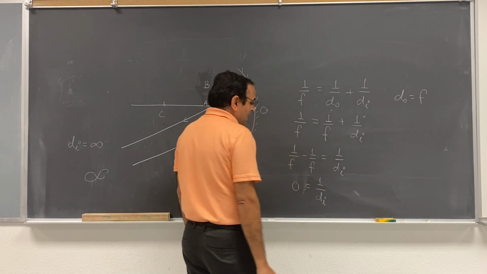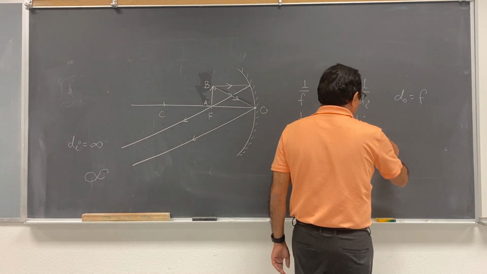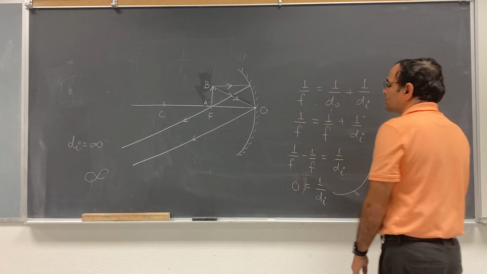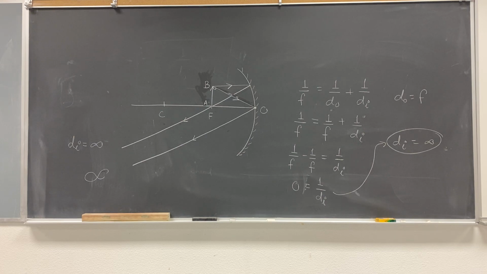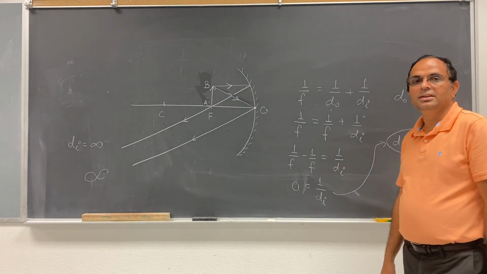So what is d_I then? From here you can get d_I is equal to infinity. So if you keep the object at the focal point, your image is at infinity.